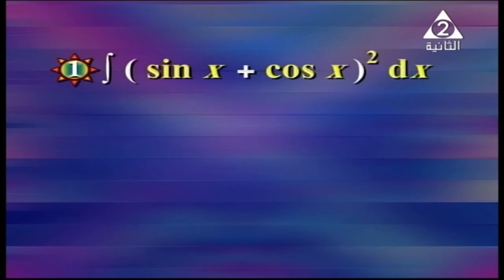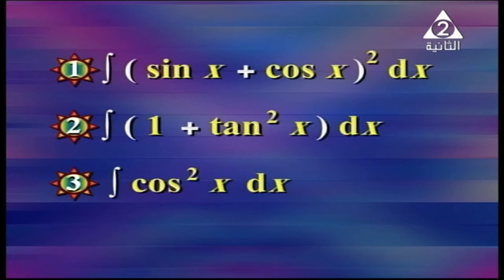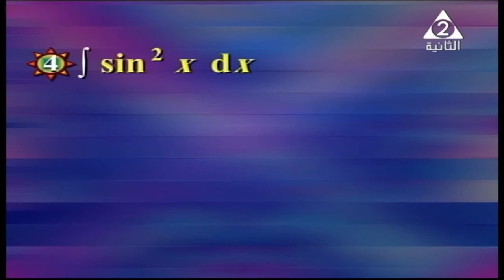Find the integration of: number 1, bracket containing sine x plus cosine x all to the power 2 dx. Number 2, bracket containing 1 plus tan square x dx. Number 3, integration of cosine square x dx. Number 4, integration of sine square x dx.